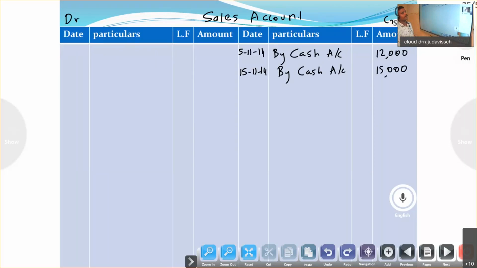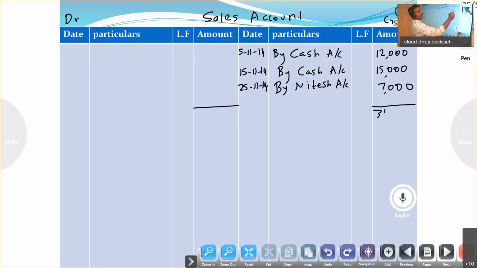Any sale? No. Okay, then we will balance. 25. Okay, 25. Nitish account to sales. So sale is credit, debit is Nitish. Credit sale. By Nitish account, amount 7,000.